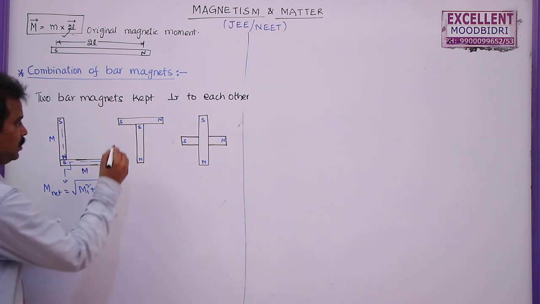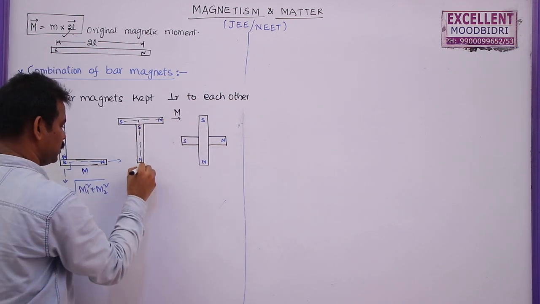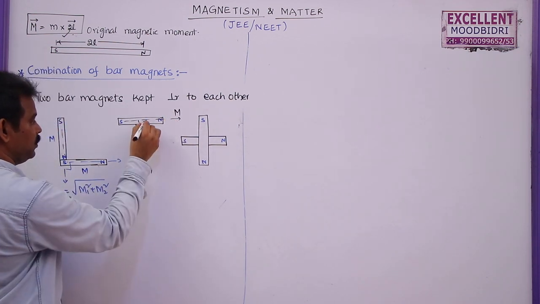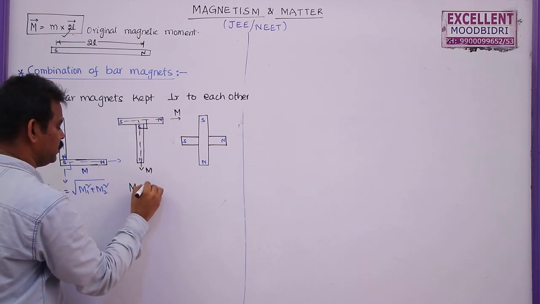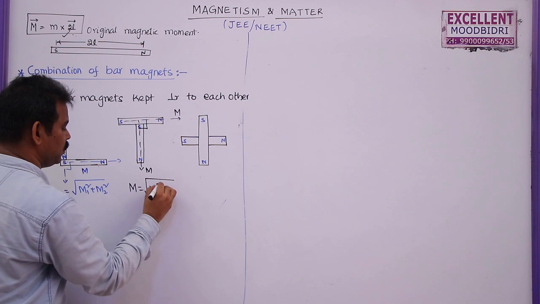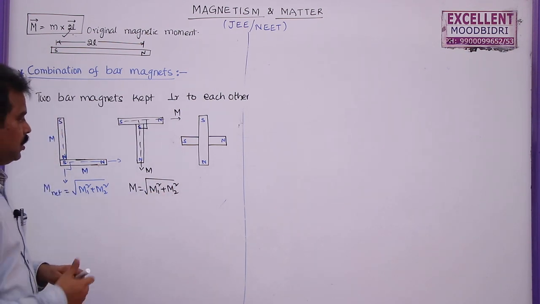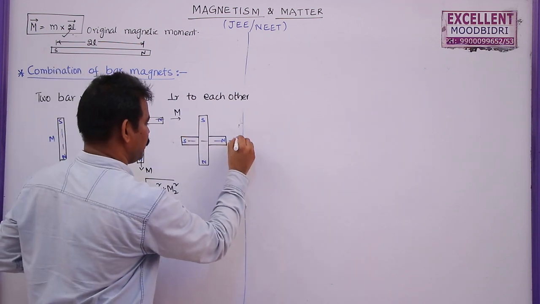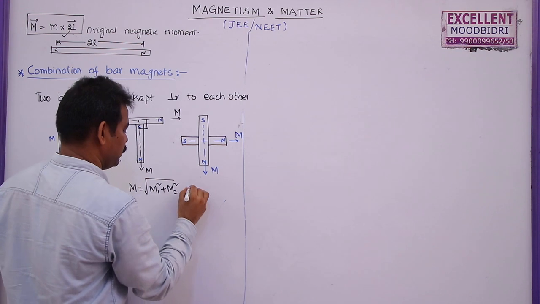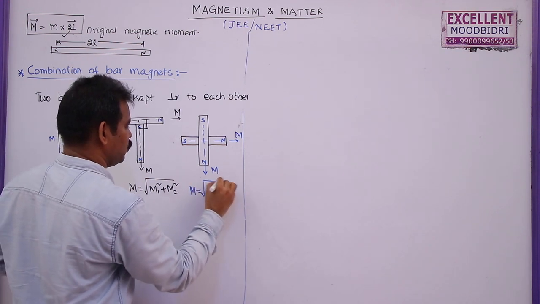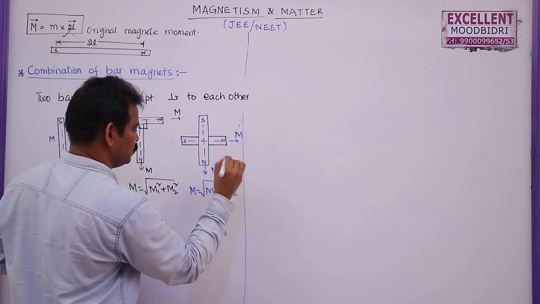Now in this case, this is the first bar magnet of magnetic moment, this is the second bar magnet of magnetic moment, and these two are perpendicular to each other. Once again the magnetic moment is given by root over M1 square plus M2 square. In the third case, this is the first bar magnet of magnetic moment, this is the second bar magnet of magnetic moment. So M is given by root over M1 square plus M2 square.